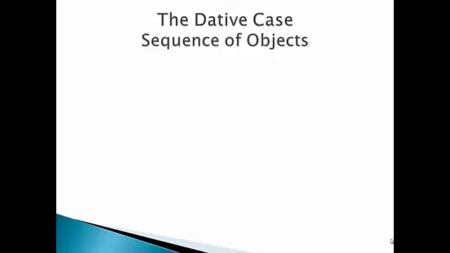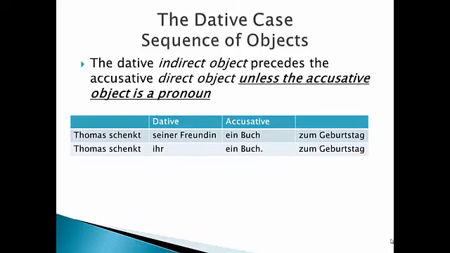Let's look at some examples in this table here. Thomas schenkt seiner Freundin ein Buch zum Geburtstag, for example. Now let's make the dative indirect object, seiner Freundin, a pronoun, and it reads as follows: Thomas schenkt ihr ein Buch zum Geburtstag.